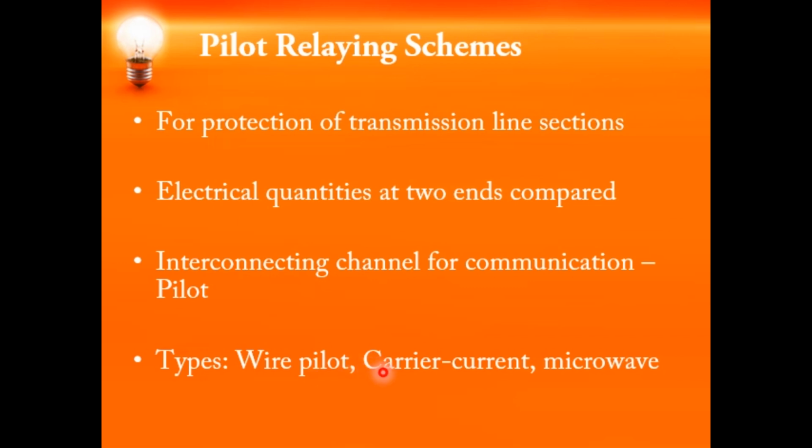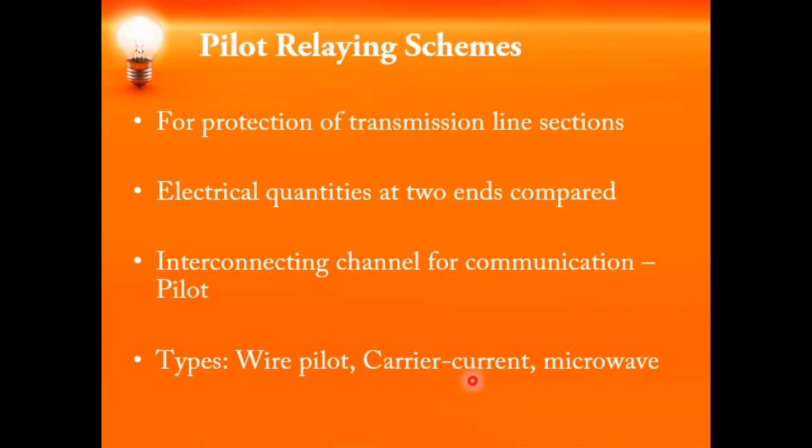A carrier current pilot is one in which we transmit a low voltage high frequency signal, in the range 50 kilohertz to 700 kilohertz. In this scheme, the pilot signal is coupled directly to the same high voltage line which is to be protected. So this is also called power line carrier.